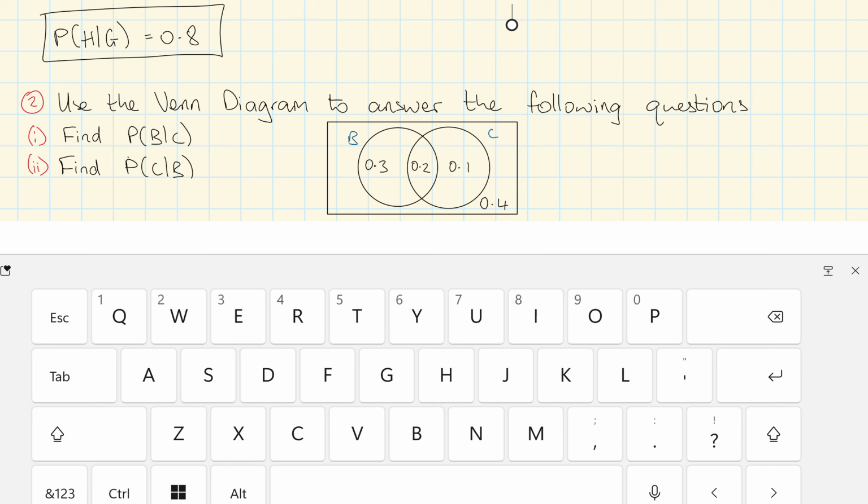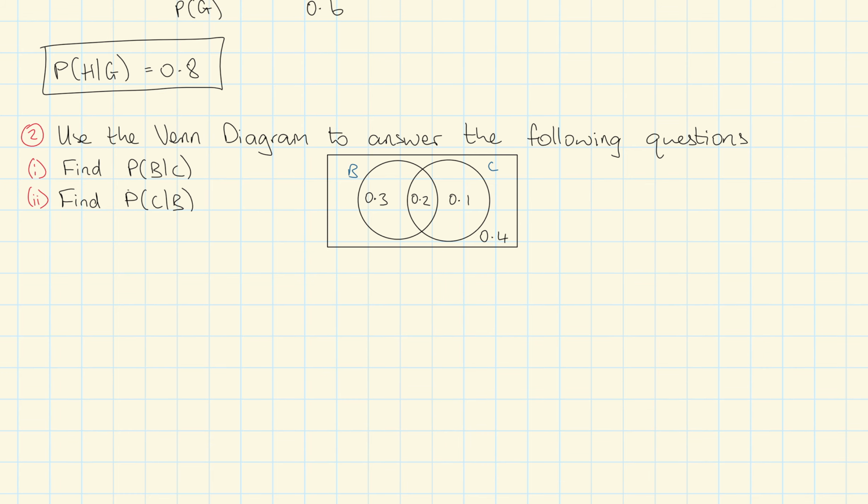Example 2 now, a little bit more work to it. We have a Venn diagram. Okay, same process. Probability of B given C is the intersection divided by the probability of C. My intersection here is 0.2, C is 0.1 plus 0.2.